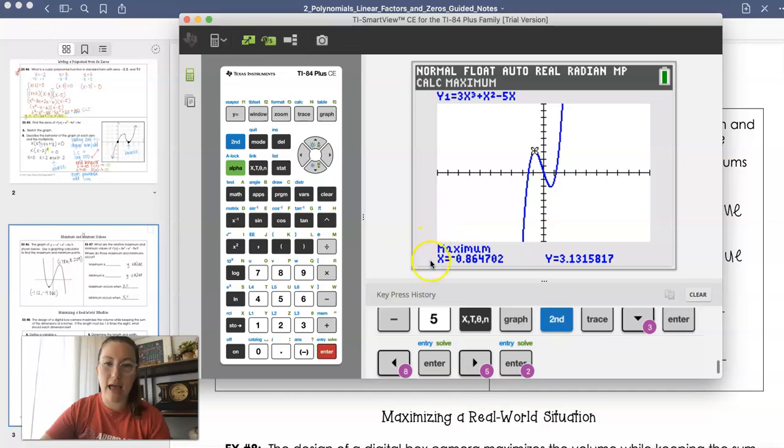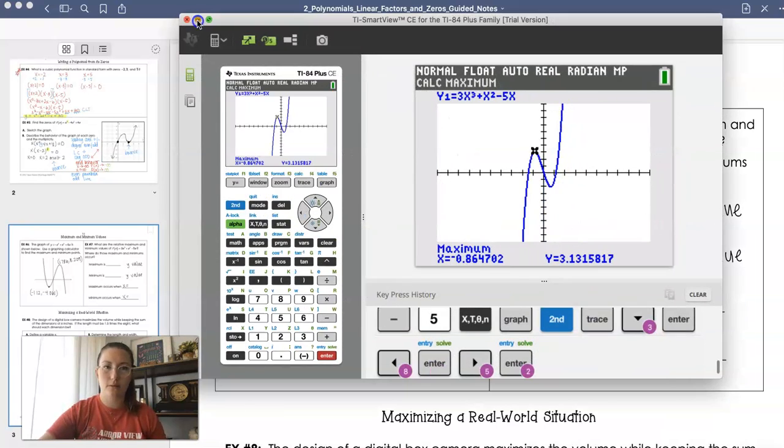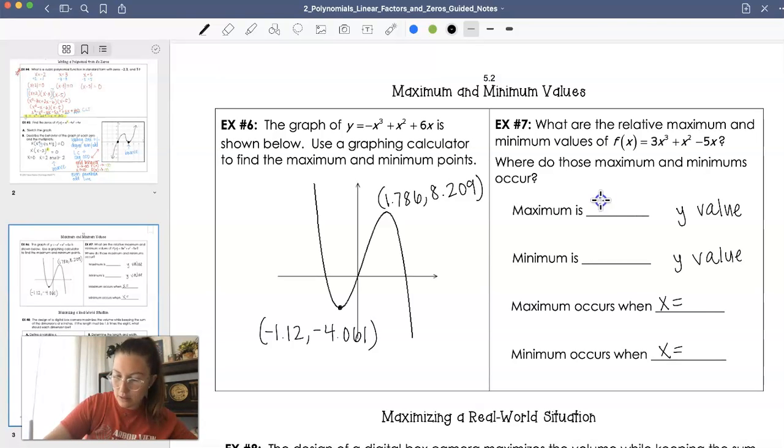So this is the x value of our max and this is the y value of our max. So our maximum, our y value, was 3.132, and it occurs when x is negative 0.865.